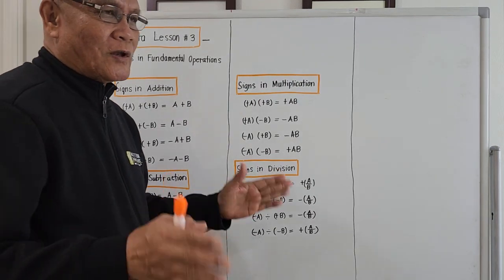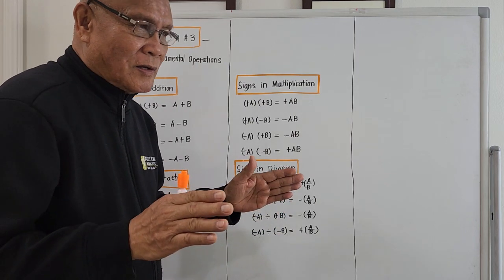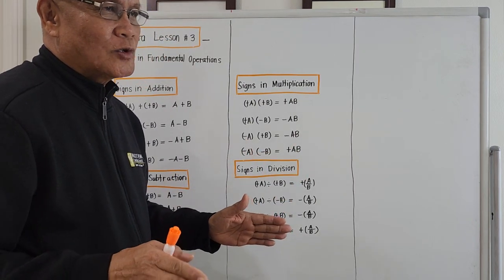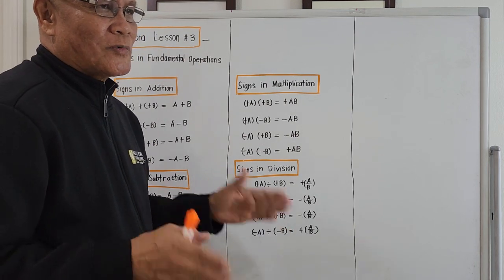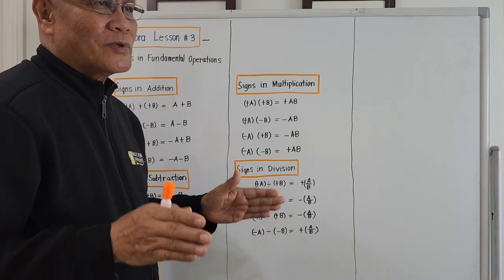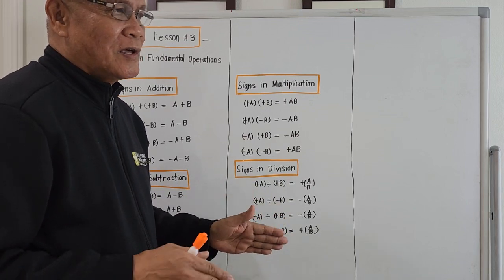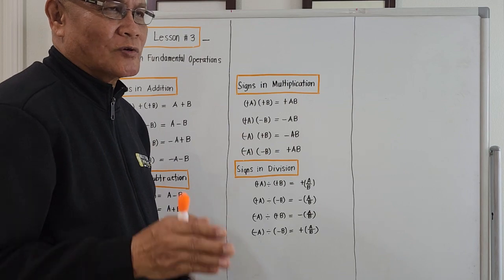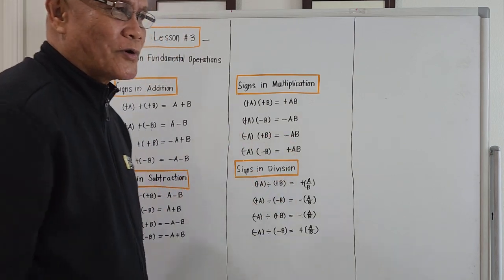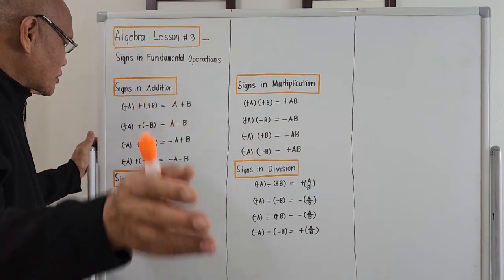If you just follow what I will be discussing tonight, you will be doing a good thing on the signs of fundamental operations, because most of the mistakes of students in the simplification process are actually in the so-called signs in the fundamental operations. Okay, let's proceed.